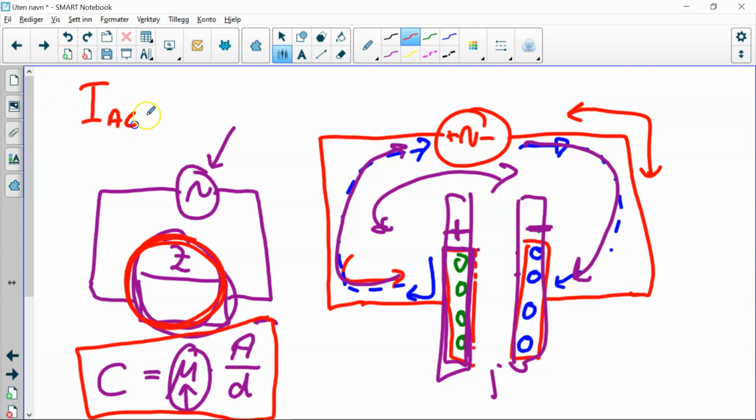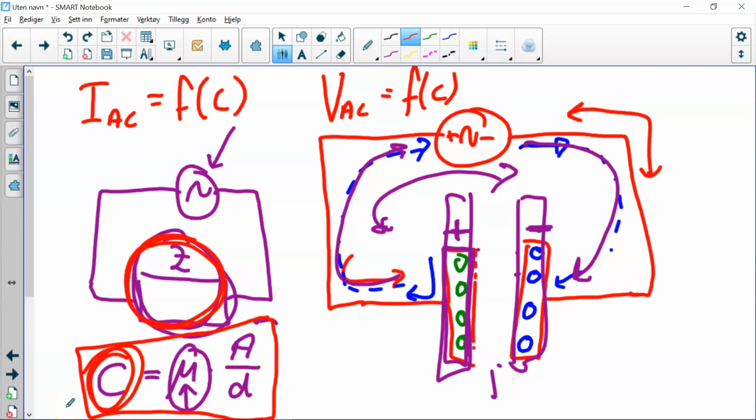The current I, in a circuit with alternating current, is a function of the capacitance. And of course, the voltage in an alternating current circuit is also a function of the capacitance. So if we can manipulate the capacitance, we can measure a change in the voltage and in the current.